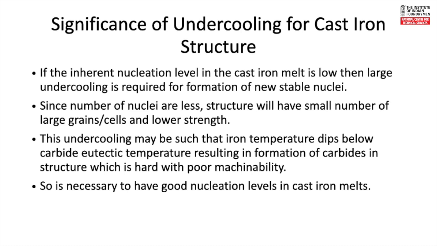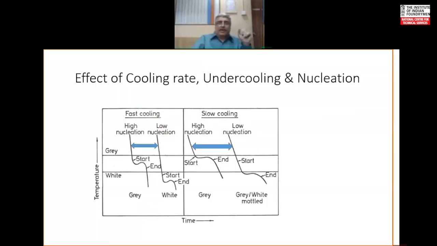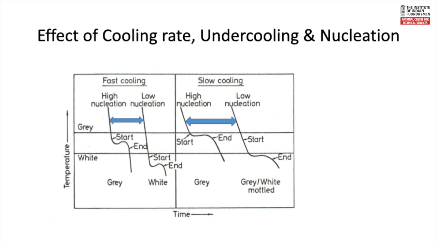And to avoid that, what do we do? I'm just putting up this graph to show what happens when the level of undercooling is very, very high, because rate of cooling is another factor. When there is a low nucleation level, there is a big drop in temperature because of this undercooling.